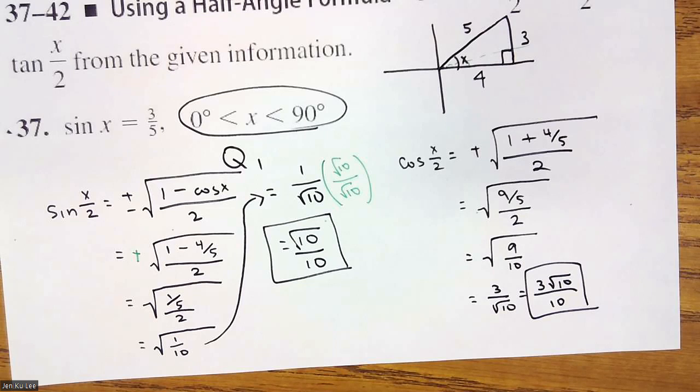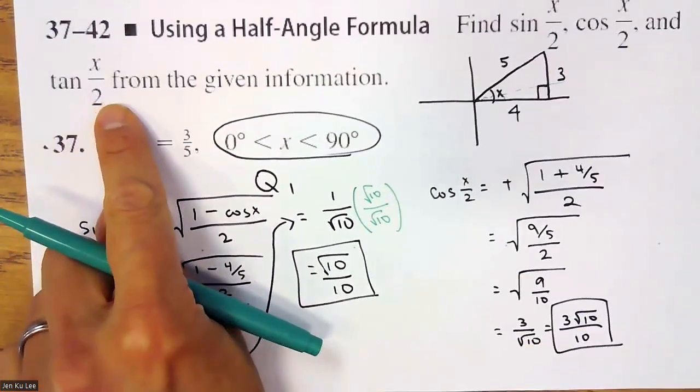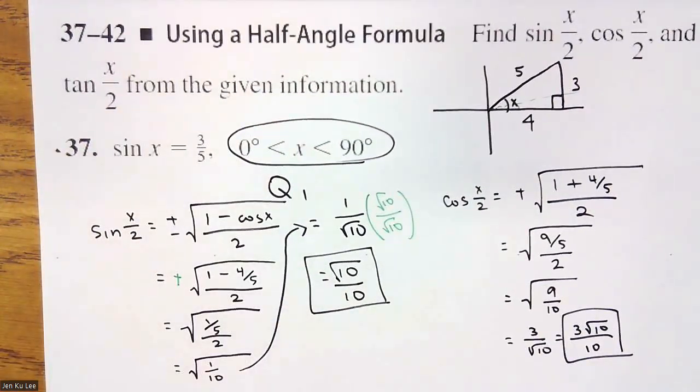So if we wanted to get the half angle for tangent, there's one of two things we can do.